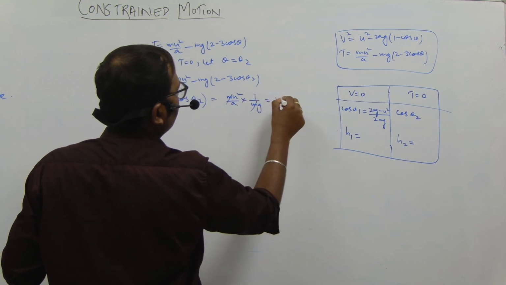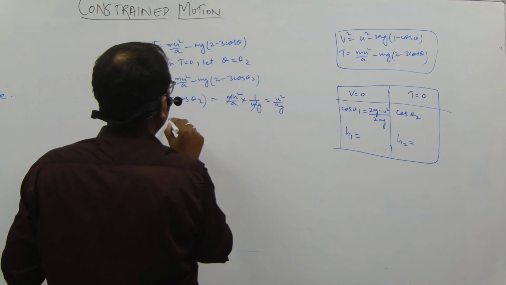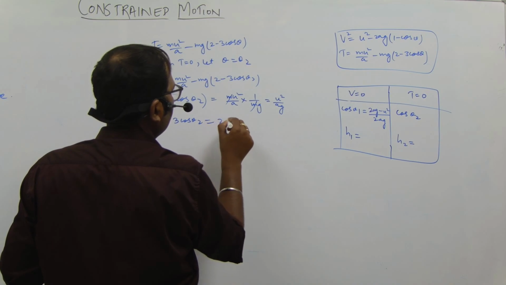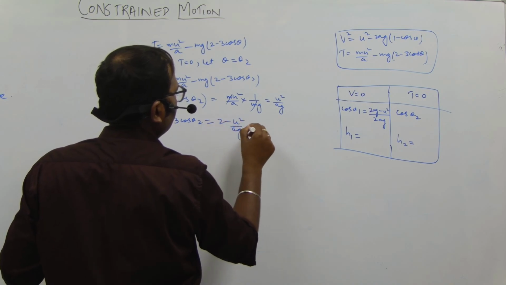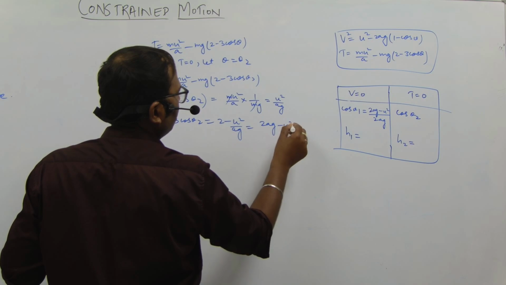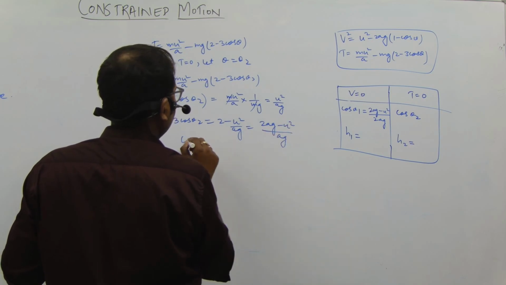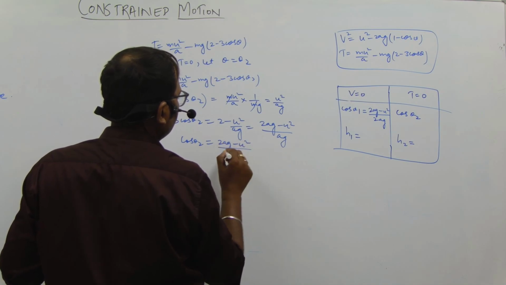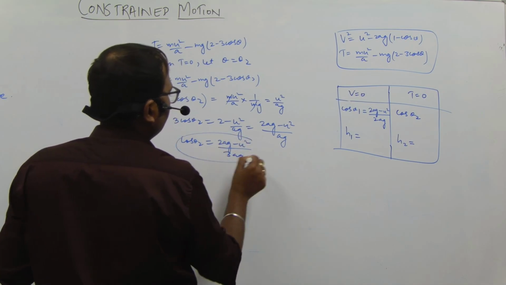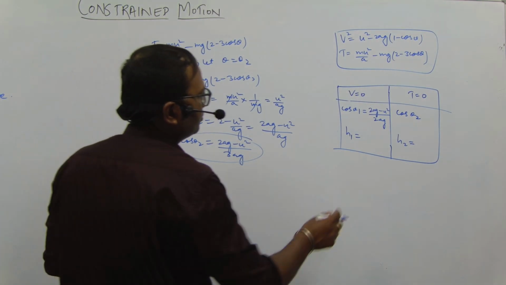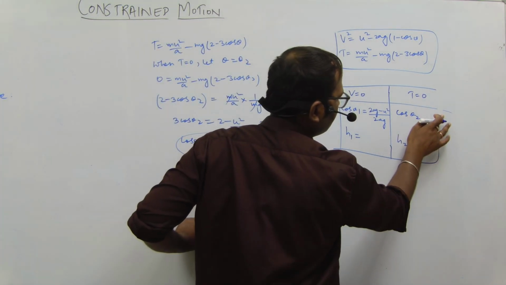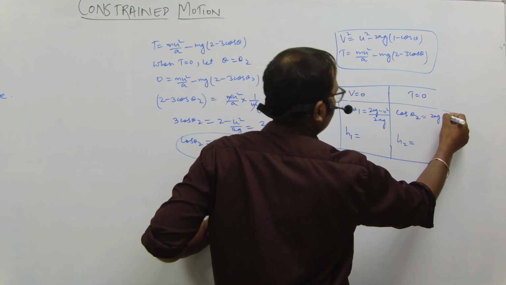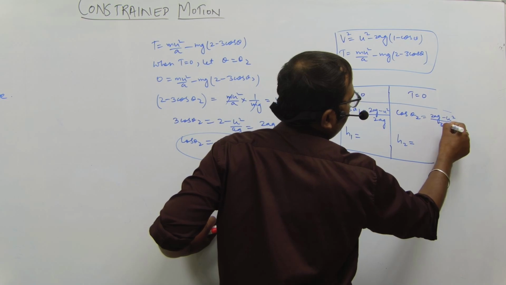This is equal to u square upon ag. So 3 cos theta 2 is equal to 2 minus u square upon ag, which is 2ag minus u square upon ag. So we have cos theta 2 is equal to 2ag minus u square upon 3ag.